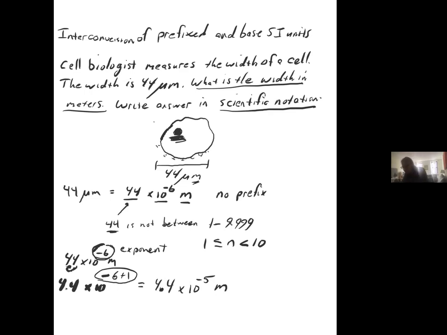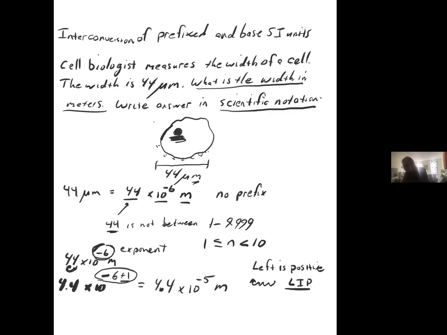Now, I remember it this way. If I move the decimal point to the left, so in other words, if I'm moving the decimal point this way to the left, left is positive. And I remember it as LIP, meaning left is positive. So I moved it to the left one space, so I add a 1 to that exponent.